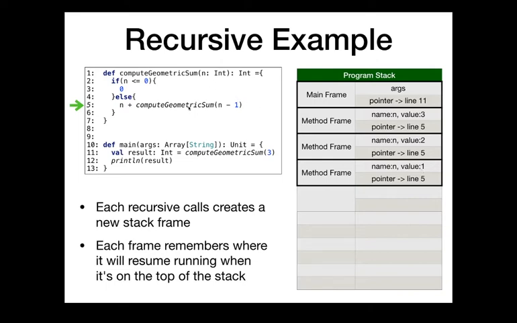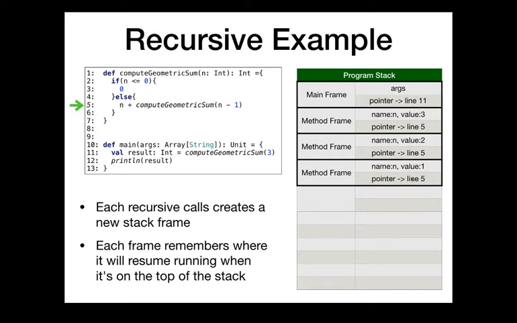We hit the recursive case again, and we're about to make another recursive call with n minus 1. N is 1 in this case, so we're about to make a recursive call where the input is 0. So we're at the point where we're about to hit the base case. That's where we are in the execution at this snapshot.